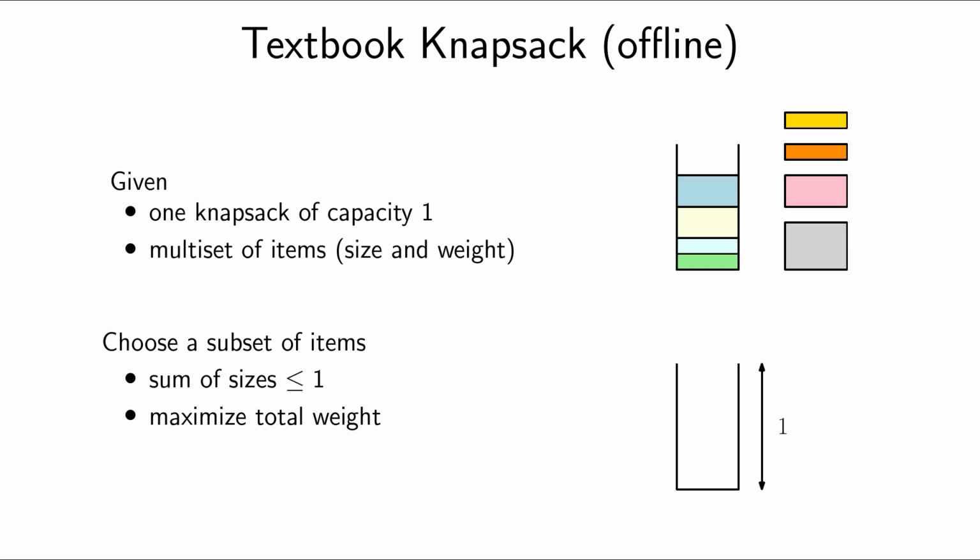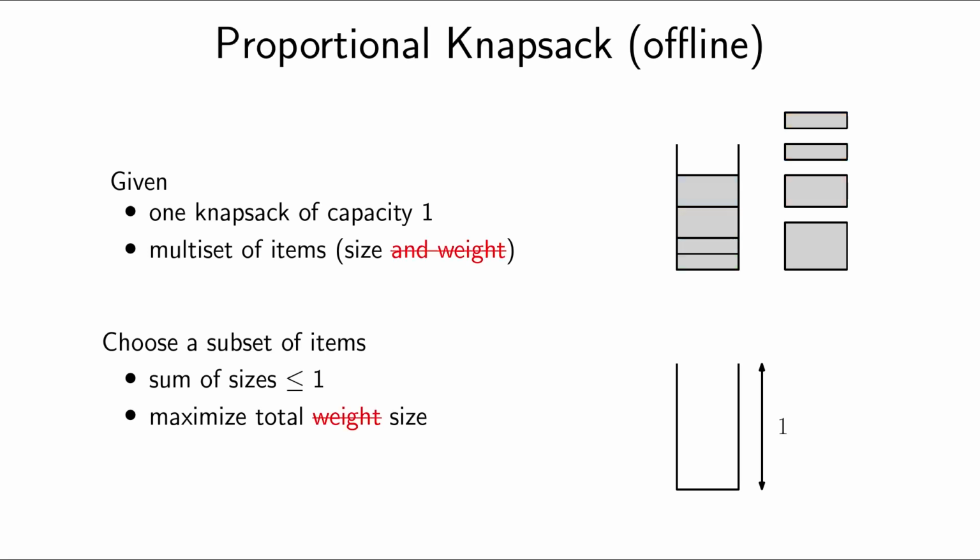This problem is offline, which means that we are given the entire set of items at the beginning. Given the set of items, we can access them in any order we like. For example, compare items or sort them. During this talk, we consider a simpler variant, where the weight of each item is equal to its size.